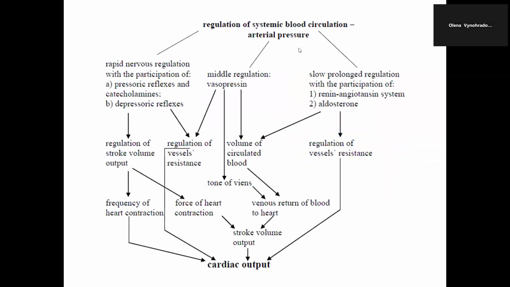When we are talking about regulation of systemic blood circulation, it is important to say the following. We have rapid nervous regulation, middle regulation, and slow prolonged regulation. Rapid nervous regulation involves pressoric and depressoric reflexes.